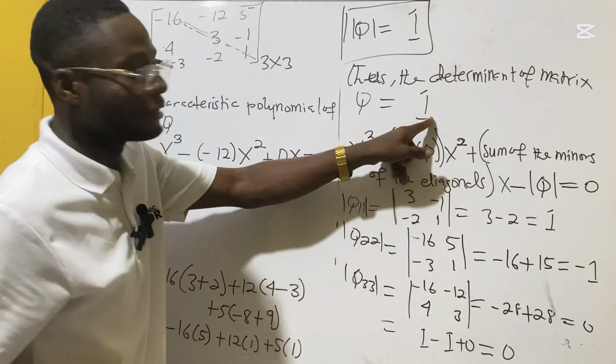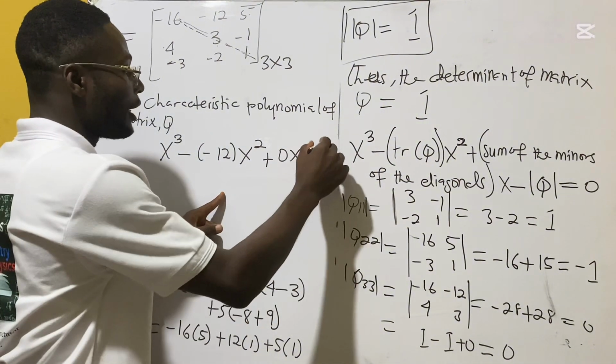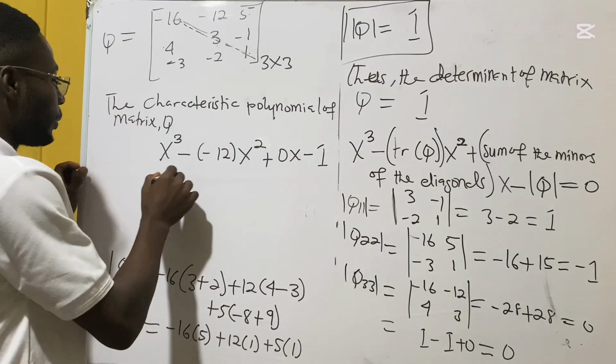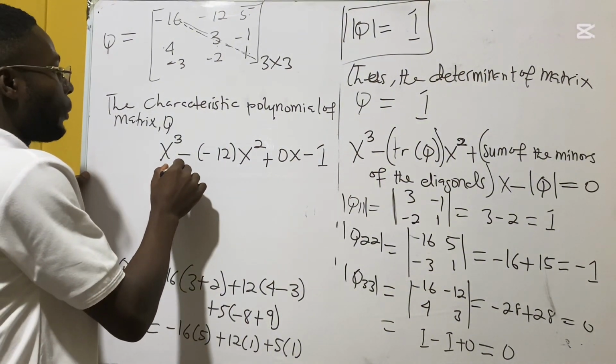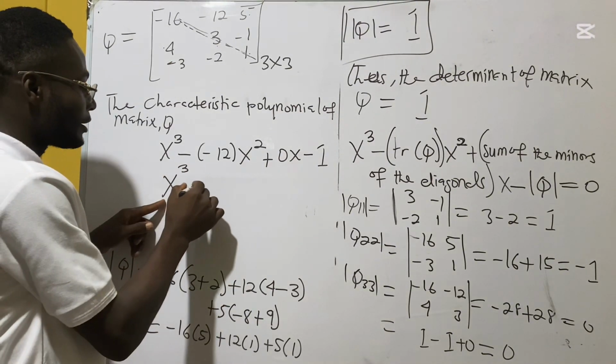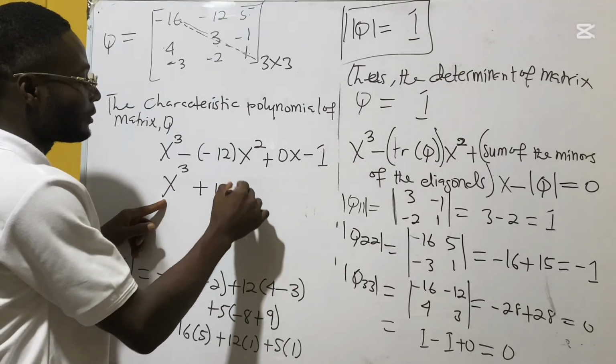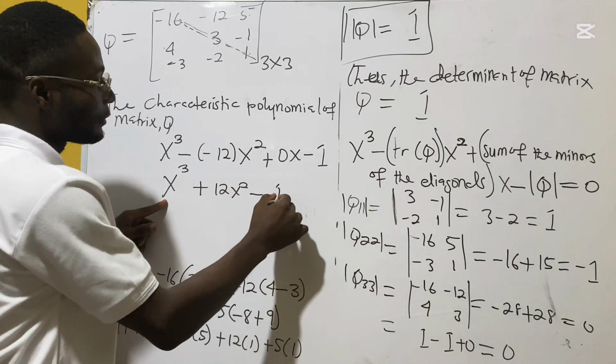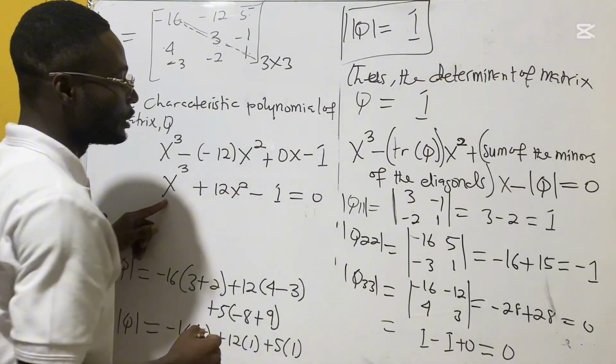Our determinant is also 1. So we have 1 here. So our characteristic polynomial becomes s cubed plus 12 s squared minus 1, that is equal to 0.